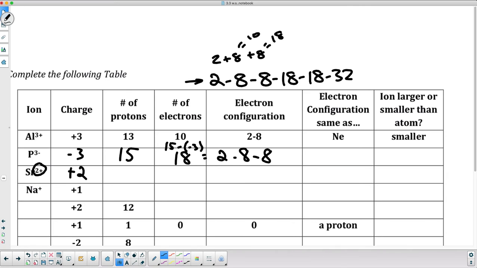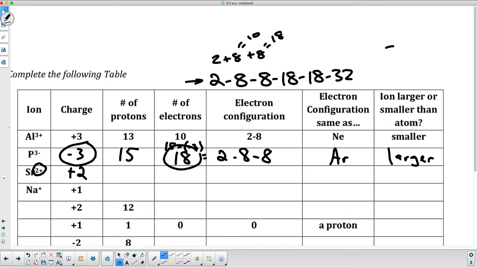So what electron configuration is this like? Take a look at 18 on the periodic table. What element is 18? If you look on the periodic table, the element is the noble gas argon. Now, if you have a negative charge, that means you have a larger ion than when it was just an atom.